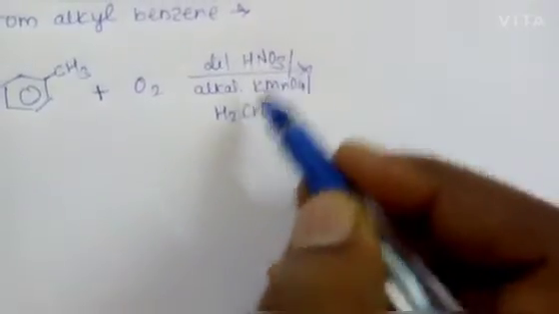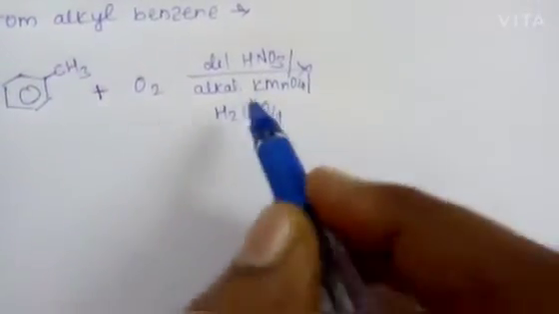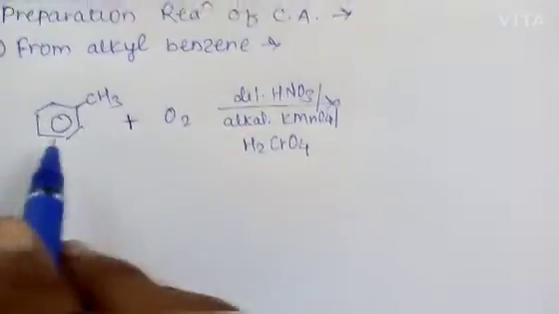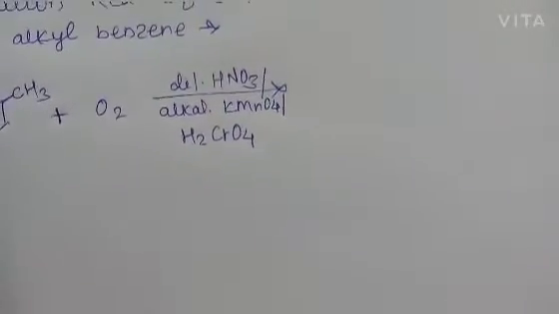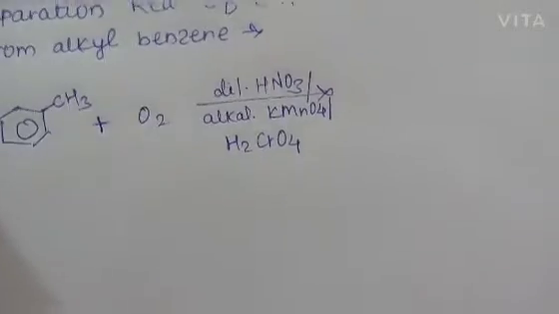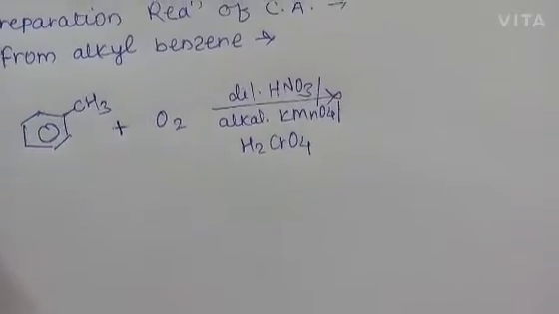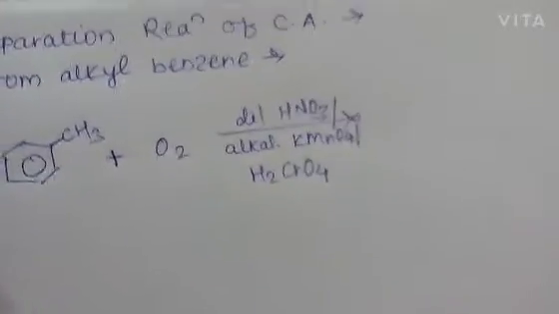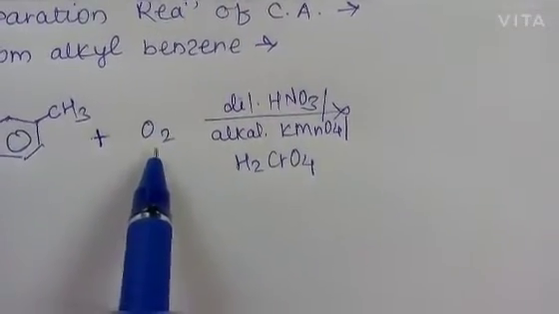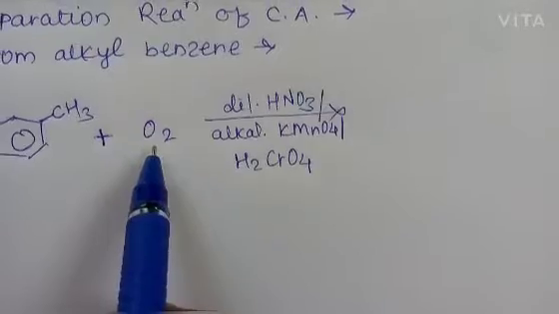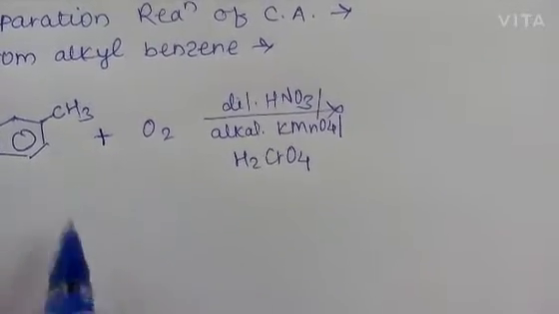Okay, we can take any one reagent. In presence of this reagent, the alkyl benzene undergoes oxidation, and this CH3 group, this side chain, undergoes oxidation and forms the carboxyl group.